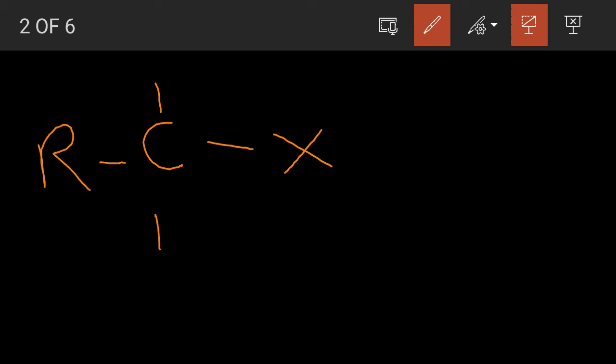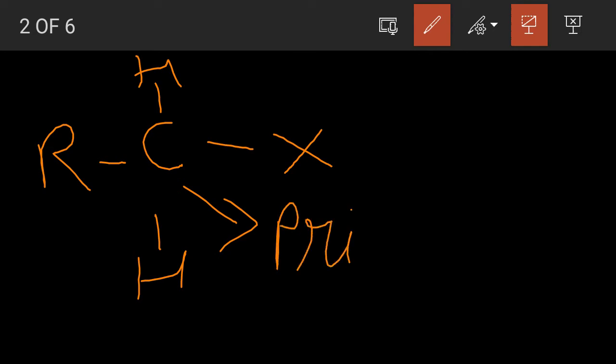Then what is the meaning of primary carbon atom, secondary carbon atom and tertiary carbon atom? If the carbon atom which is bonded with the halogen is bonded to only one alkyl group and the other two atoms are hydrogen atoms, then this carbon is called a primary carbon atom.